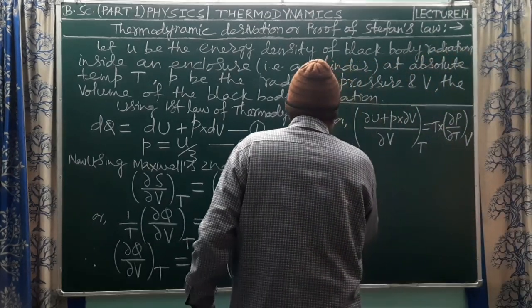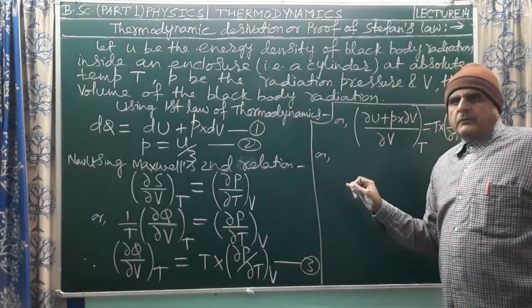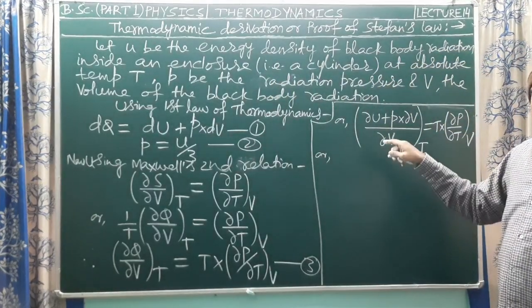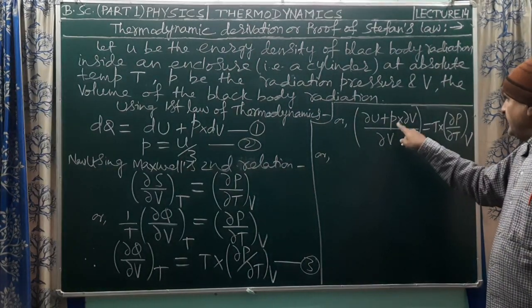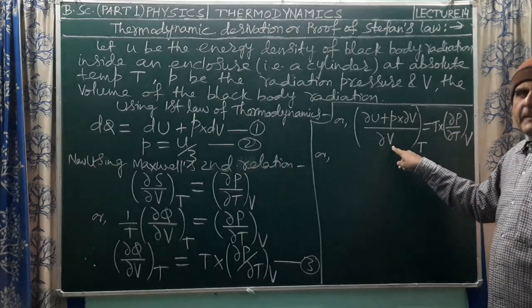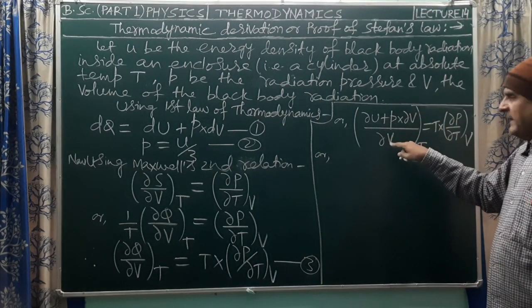Now we have del U upon del V at constant temperature T plus P multiplied by del V upon del V. Del V in the numerator and denominator will cancel out.